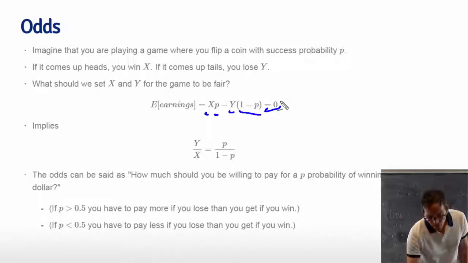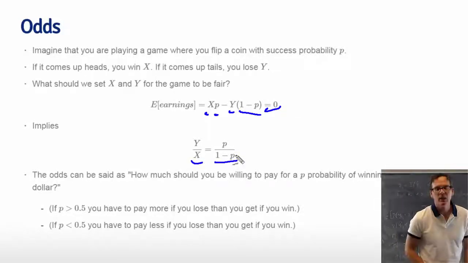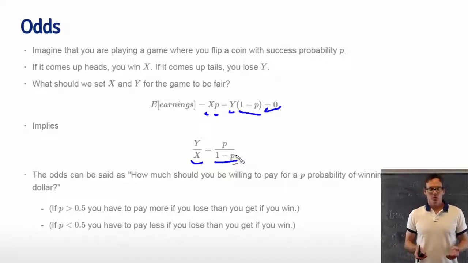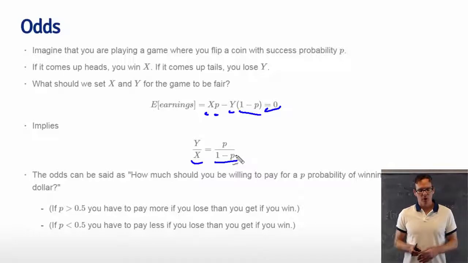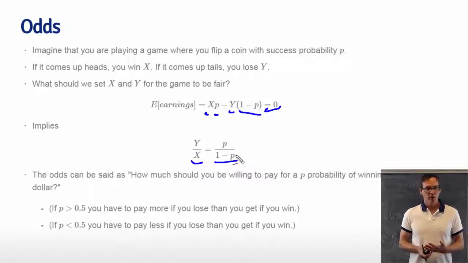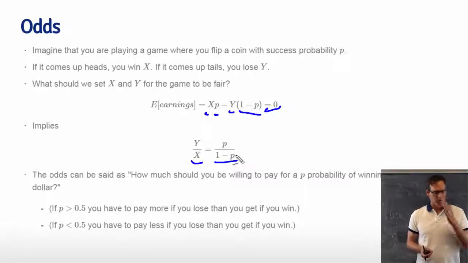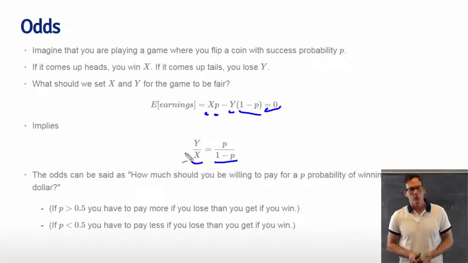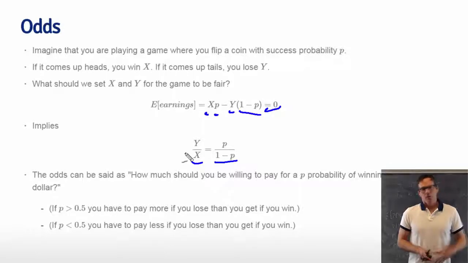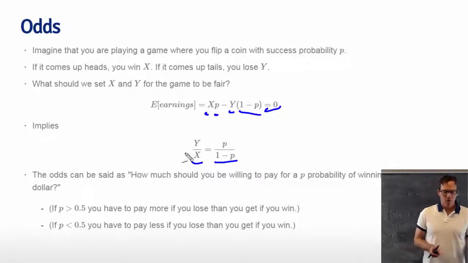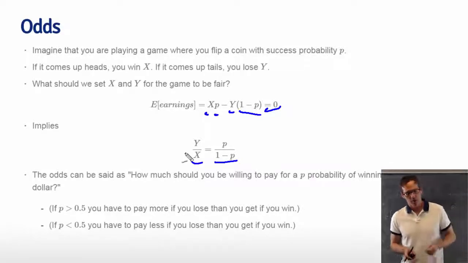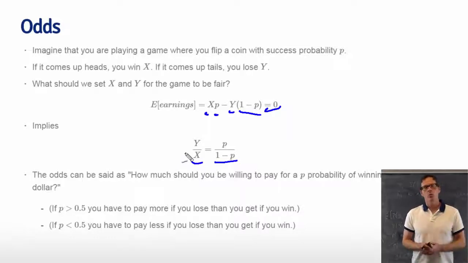If we solve that, we get Y over X equals P over 1 minus P. So in other words, the odds can be said as how much you'd be willing to pay for a probability P of winning $1, setting X equal to 1. If P is bigger than 0.5, you'll have to pay more than you win, and if P is less than 0.5, you pay less if you lose than if you win.